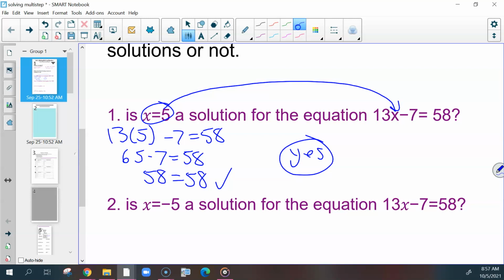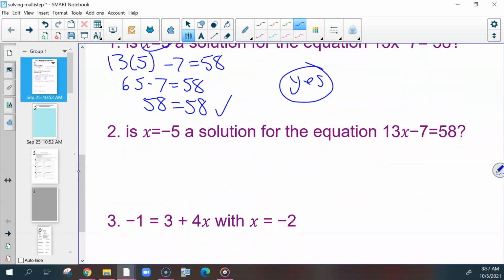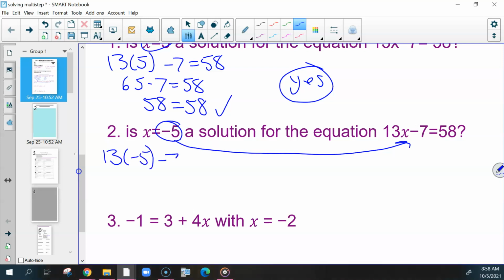Right? We're going to try number 2. Now, if positive 5 was a solution, negative 5 most likely won't be a solution, but we're going to test it anyway. Same thing, put negative 5 in for x. So this now is negative 65.